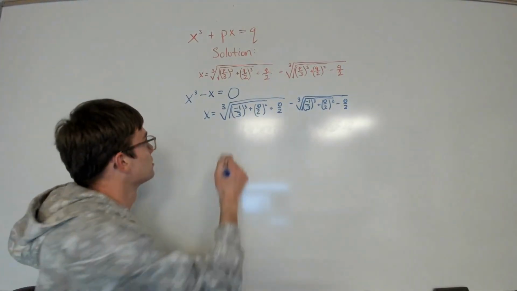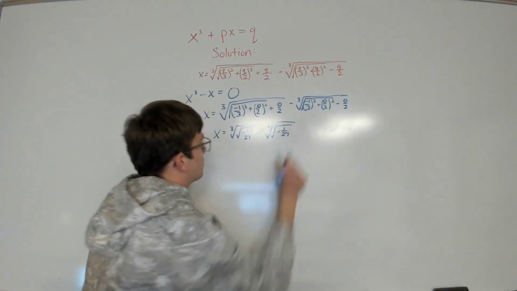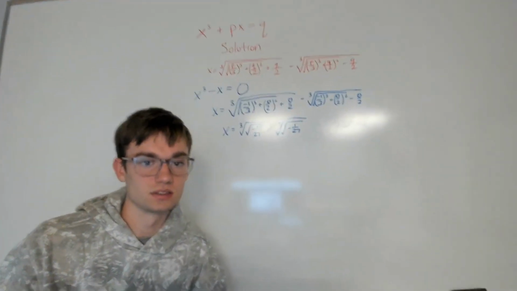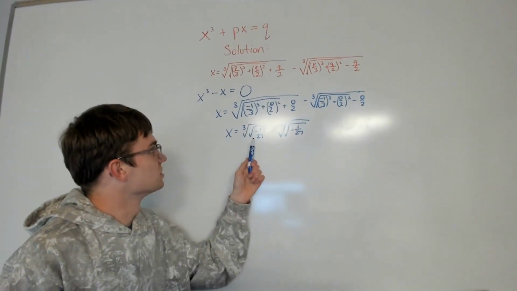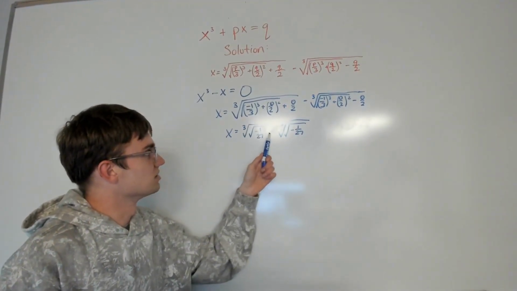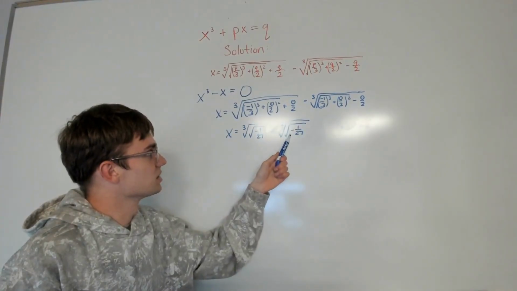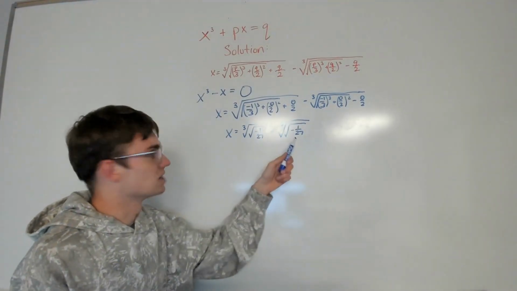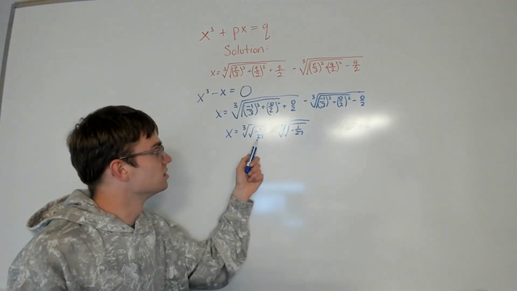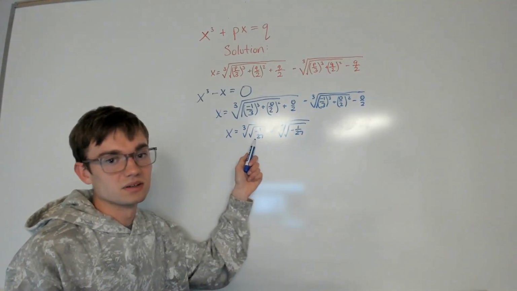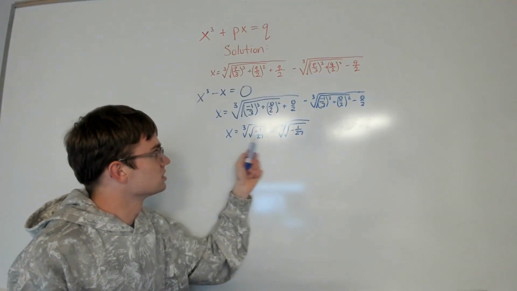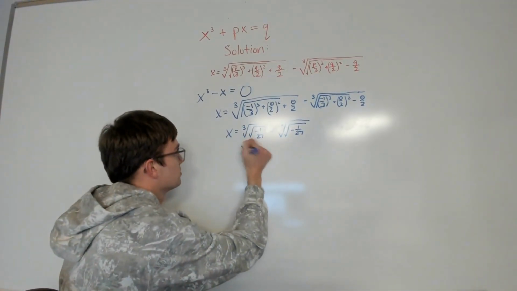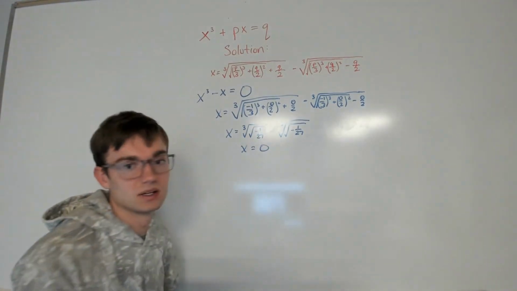So we're left with x equals the cube root of the square root of negative 1 over 27 minus the cube root of the square root of negative 1 over 27. Both of these quantities are the same, so even if we don't know how to handle the negatives under the square root, something minus itself just equals 0. So this whole thing gives us x equals 0.